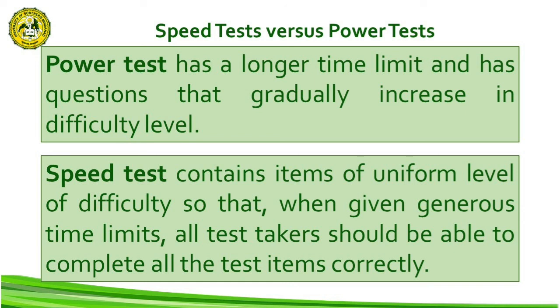So, siya dapat, pang mabilisan. So, the score differences on a speed test is therefore based on performance speed. Yun nga, kasi yung items attempted tend to be correct. So, pang mabilisan siya, tapos yung level of difficulty niya is uniformly low lang siya kesa sa power tests.